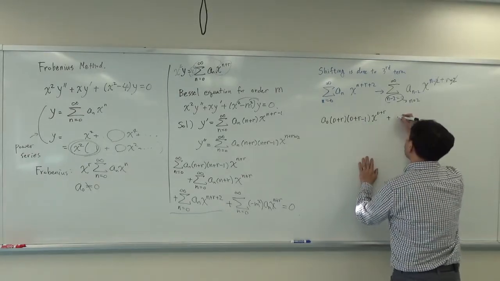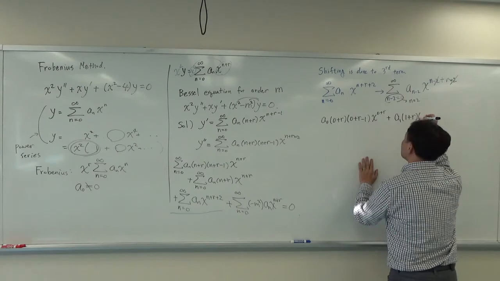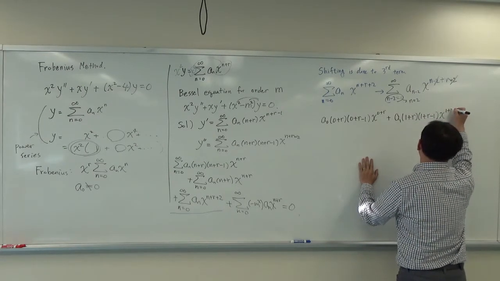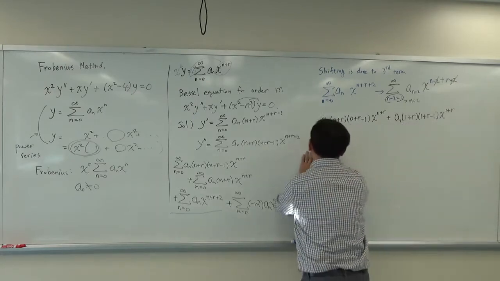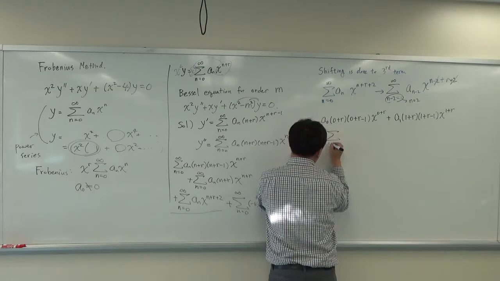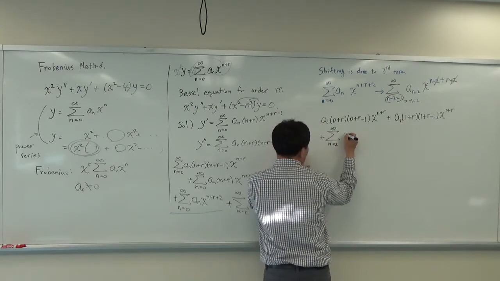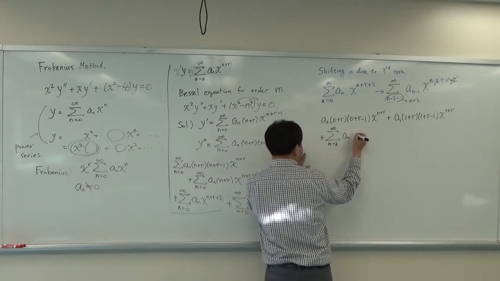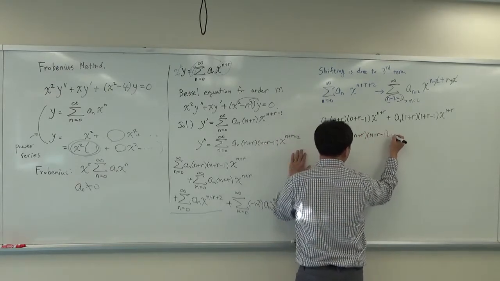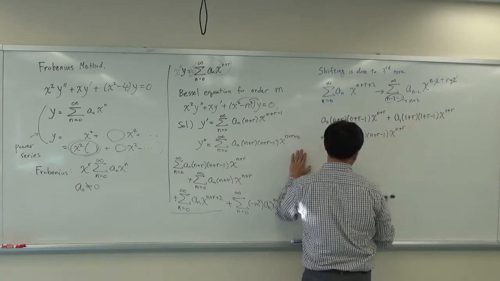And then you have a_1 (1 plus r)(1 plus r minus 1) x to the 1 plus r. And because we've split off the first two terms, we can now happily write from n equals 2 to infinity and write the same thing again: (n plus r)(n plus r minus 1) x to the n plus r. That's it.